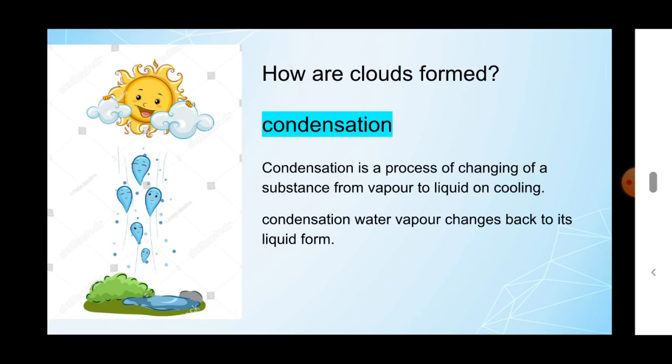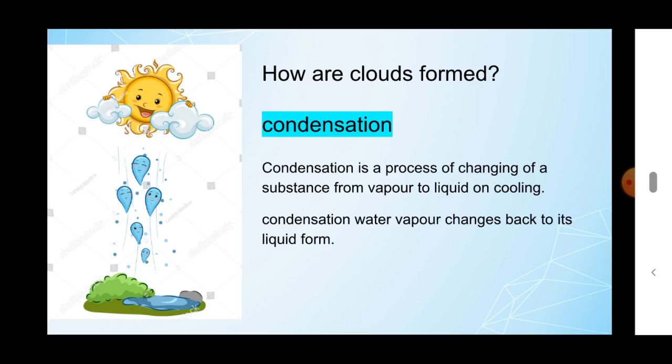Water vapor from the earth's surface enters into the air and moves up. It gets cooler and cooler. At sufficient height, the air becomes so cool. The water vapor condenses. That means the water vapor changes into liquid form.